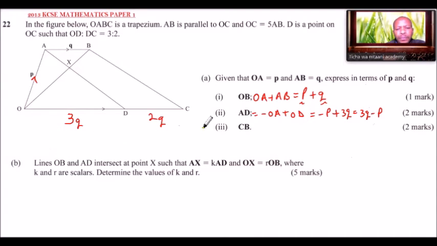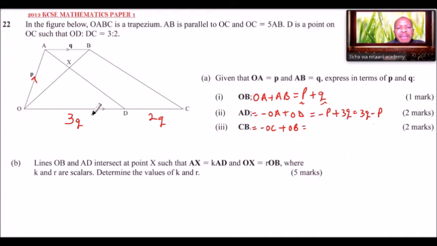So we go to CB. Where is our CB? This is our C and B. So it is to move from C to B. We can move from C to O and O to B. You find that we'll be moving against the direction of the vector OC. So we can say this is equal to minus OC. Then we add OB.